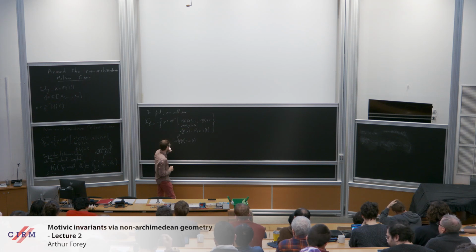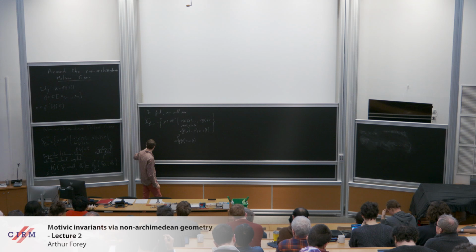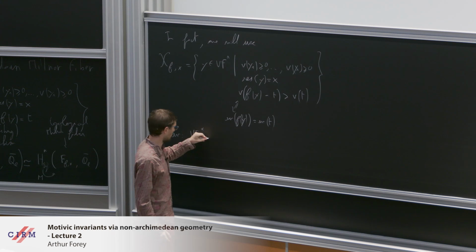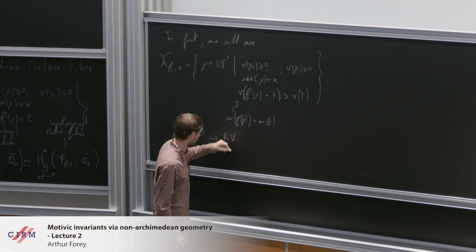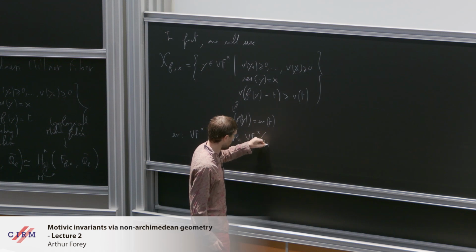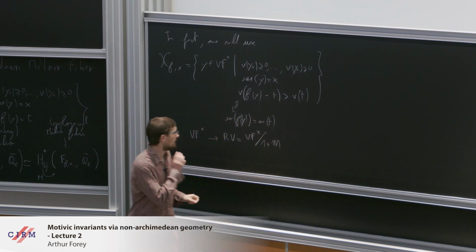So RV is the map from the non-zero elements of the value group to RV, which was defined by VF modulo 1 plus the maximal ideal.